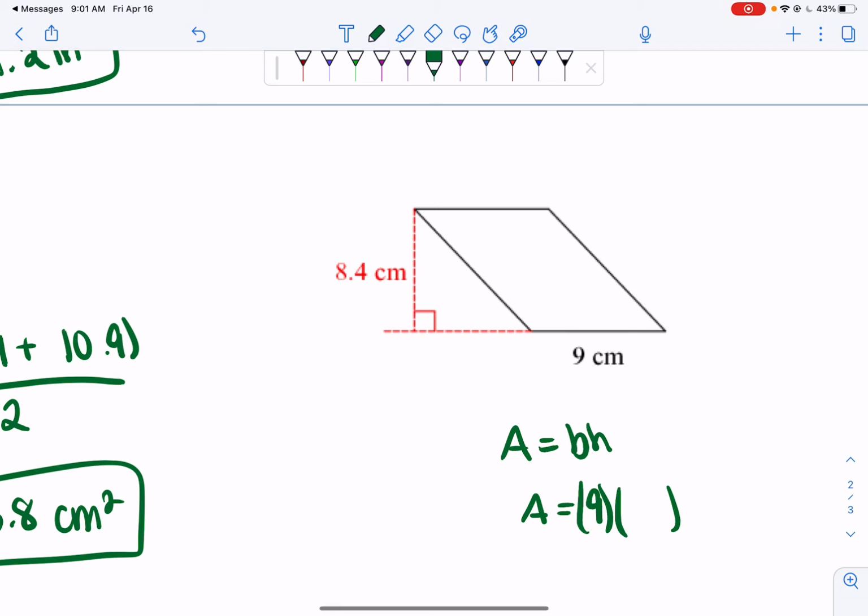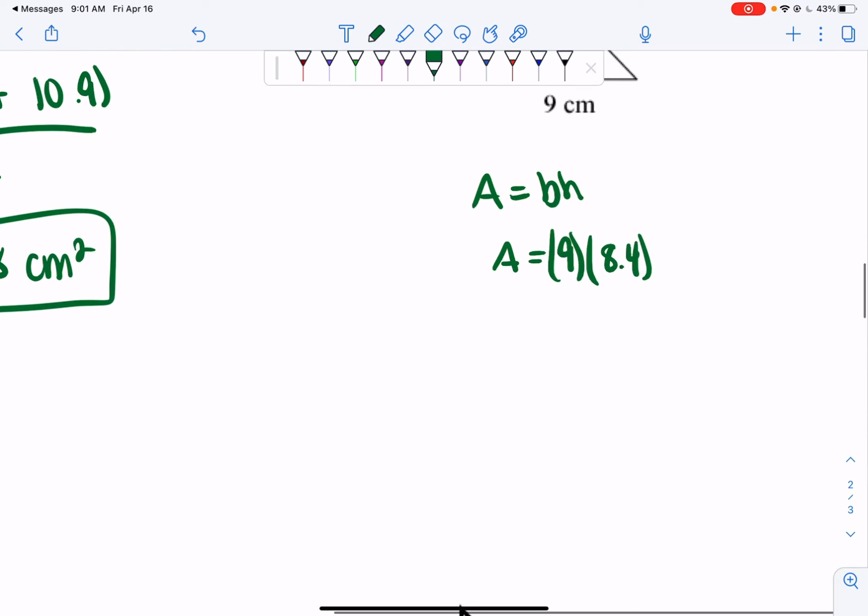And my height is always going to be this number right here because look, that's your vertical length. We're not doing our slant length. We're always doing our vertical length. So we're going to plug in an 8.4. We type that into our calculator, and we get 75.6 centimeters squared.